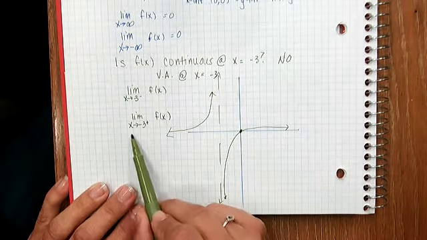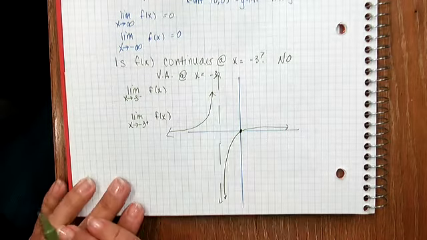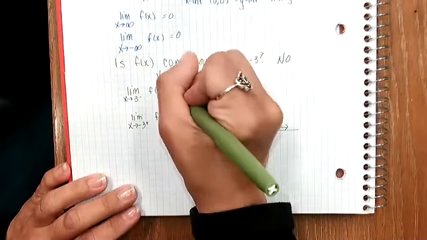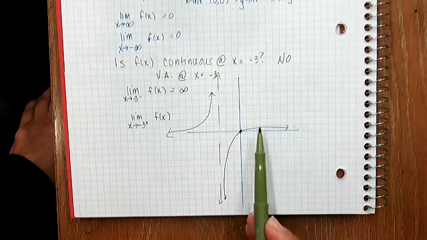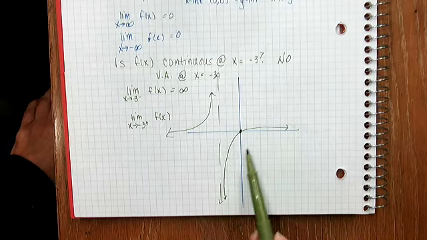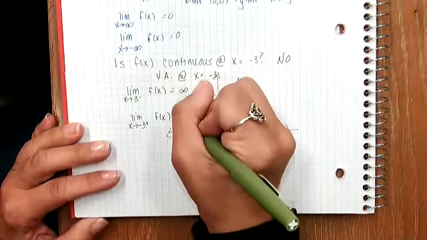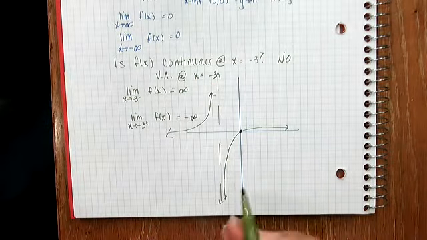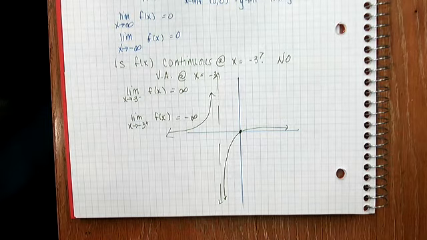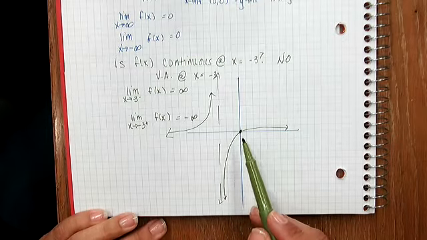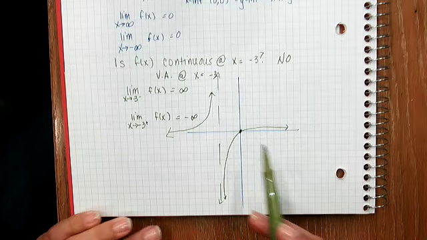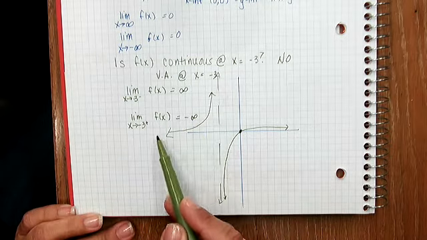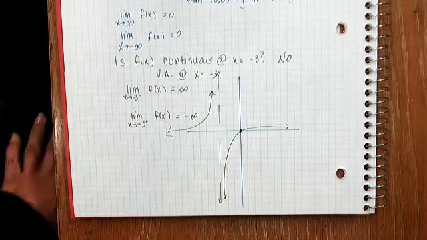As I'm approaching -3 from the left, my graph is approaching infinity. And my limit as I approach -3 from the right is -infinity. So for asymptotes, your graph either approaches -infinity or infinity. I'm pretty sure that was in the last lesson. And as x approaches infinity, large values of x, y approaches 0. And as I approach -infinity, large negative values of x, I approach 0.